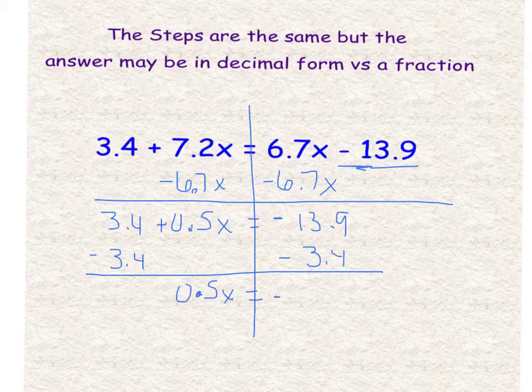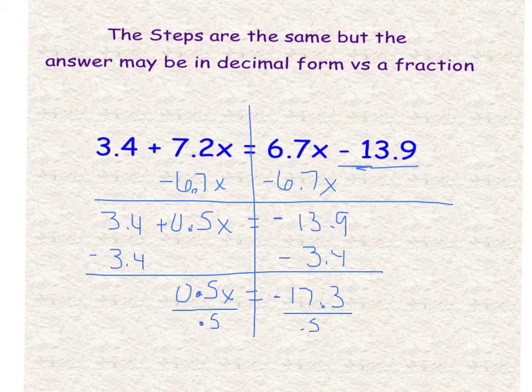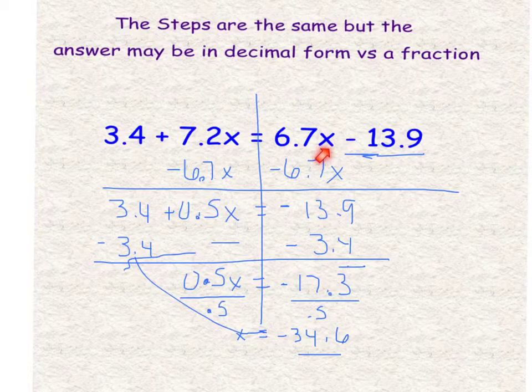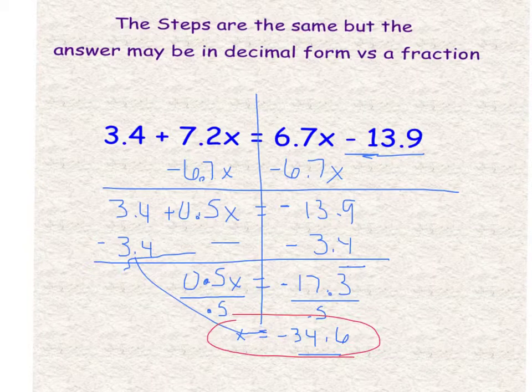You end up with negative 17.3, and then the x is being multiplied by 0.5, so you have to divide by 0.5. So x turns out to be negative 34.6. And if you plug this back in for x in both locations and simplify that out, the sides should be equal. So this is our answer.